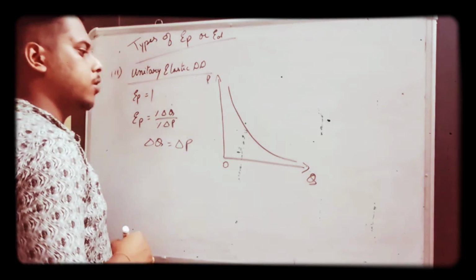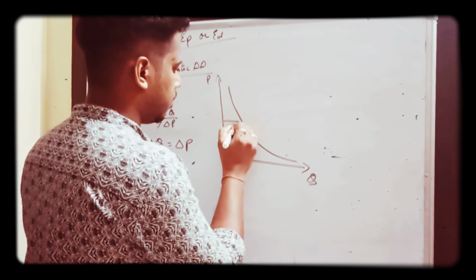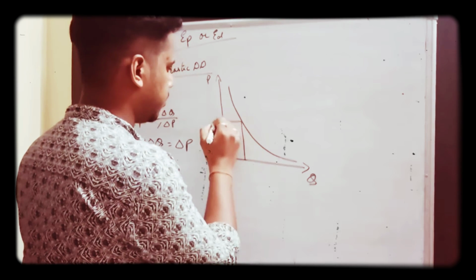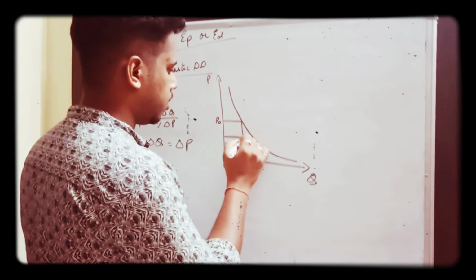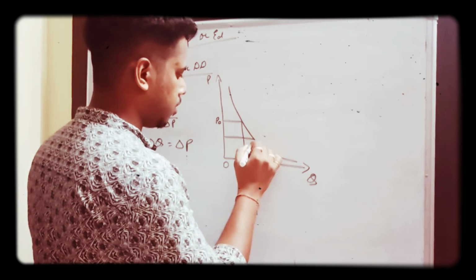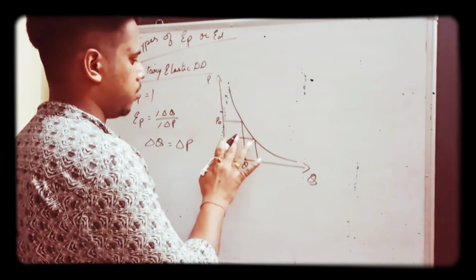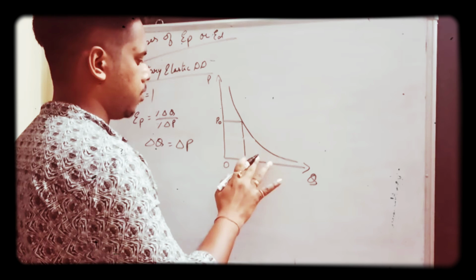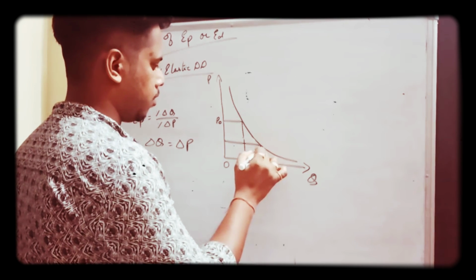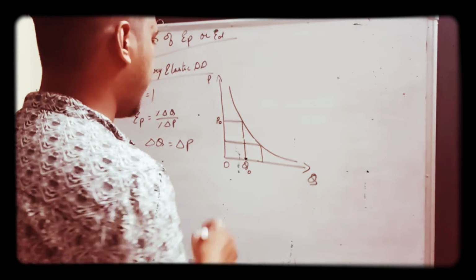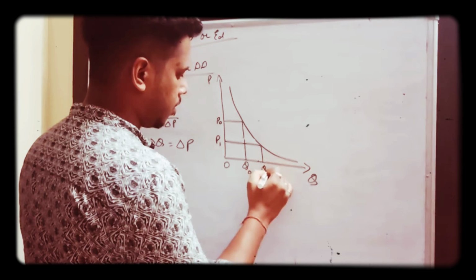Okay, this is a rectangular hyperbola curve. Take the base price P0, associated quantity is Q0. Take the current price, current quantity.